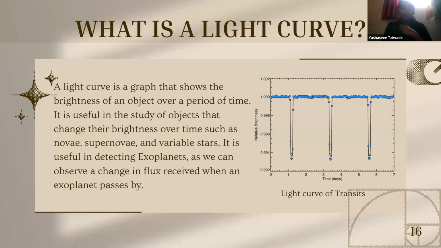It is useful in the study of objects that change their brightness over time, such as novae, supernovae, and variable stars. We use this for exoplanet detection because we can observe a change in the flux which we receive from the star as an exoplanet passes by. That is how it helps us in the process of transit.